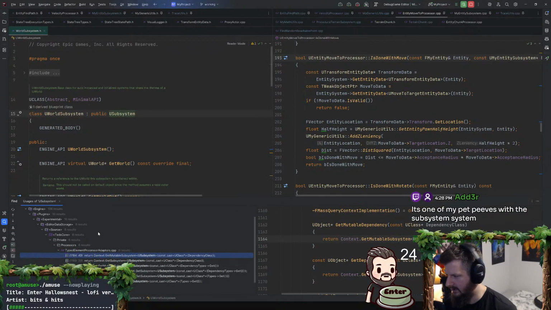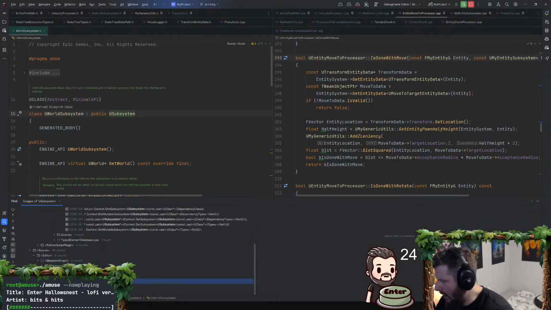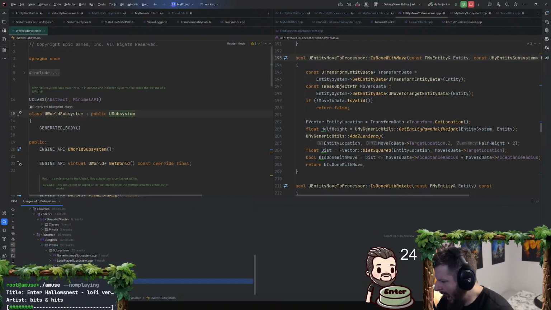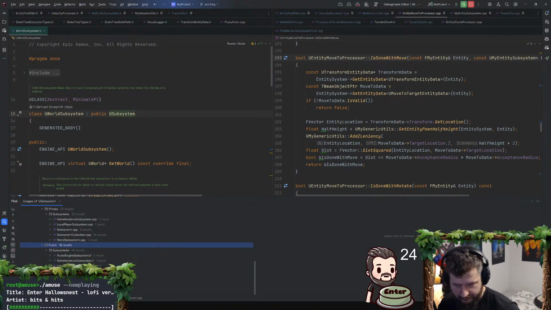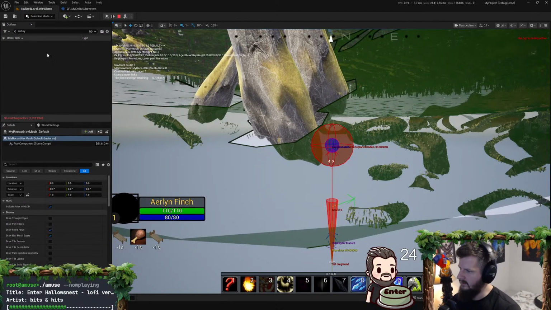I don't think that makes it show up in the editor though. Yeah, I wonder if I can find the code path that actually makes it show up in the outliner.